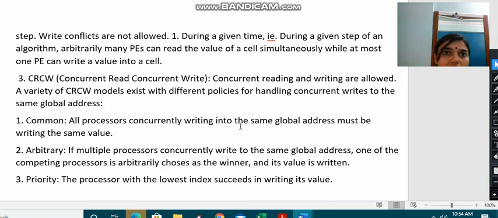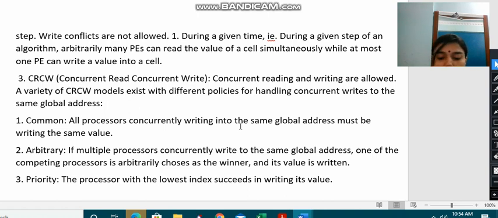In the second model, we have the arbitrary model. What is this arbitrary model? Here, multiple processors concurrently write to the same global address. One of the competing processors is arbitrarily chosen as the winner, and its value is written. Among all the competing processors, one processor will be allowed to write into the global memory, and that processor is considered the winner. And the third model is the priority model.